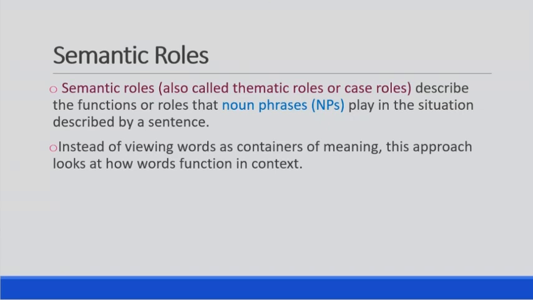Okay, so when you see the word call, I call Mr. Chuan. Call there can have different meanings. First, you call someone using your mouth, and second, you use your mobile phone to call someone.